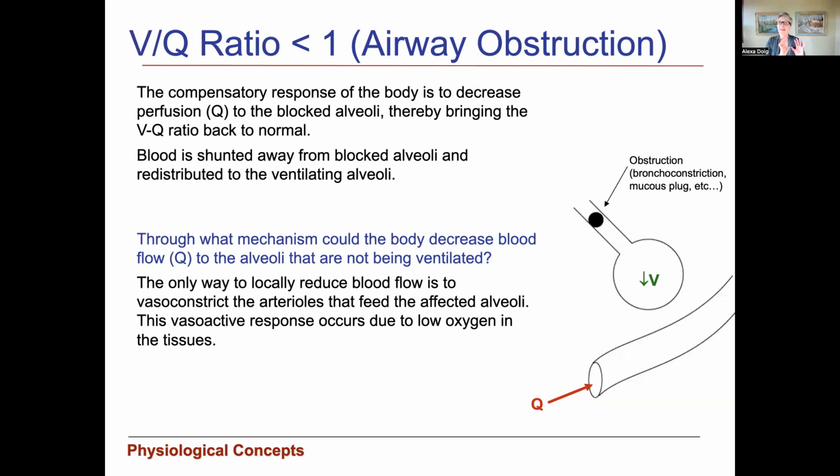So again, kind of an obscure physiological concept, but has a very important clinical relevance. And so I hope at this point, this will help you remember why any severe or chronic hypoxemia will eventually lead to pulmonary hypertension. And then as the nurse, you should be looking for signs of right ventricular failure.